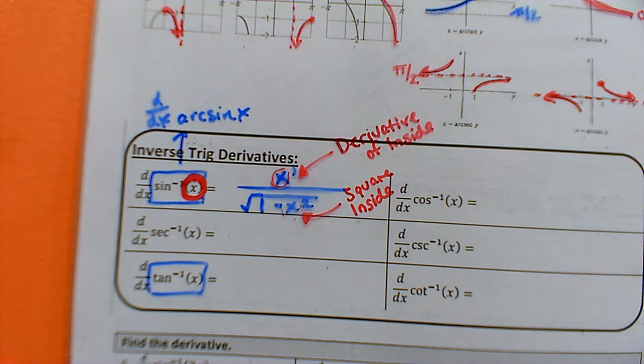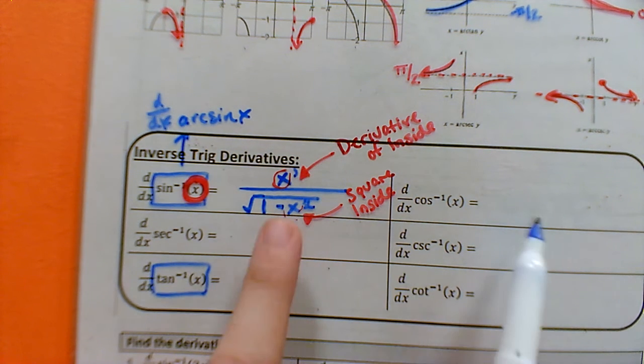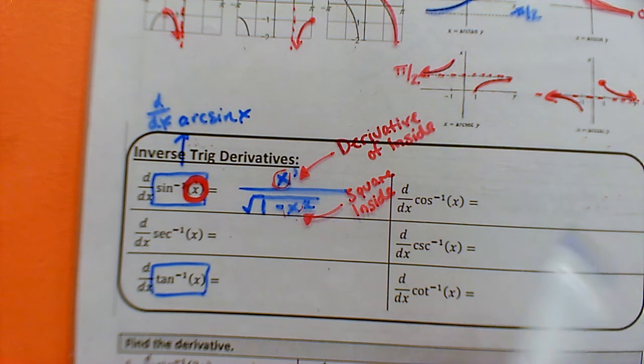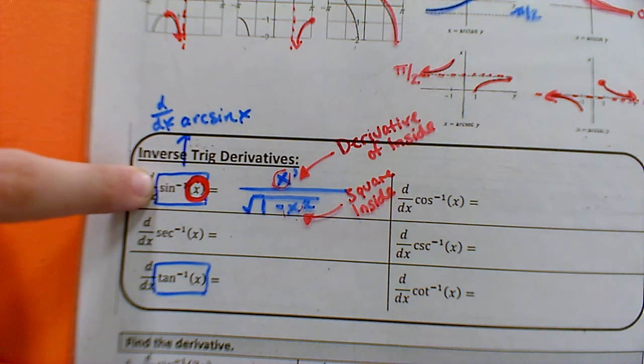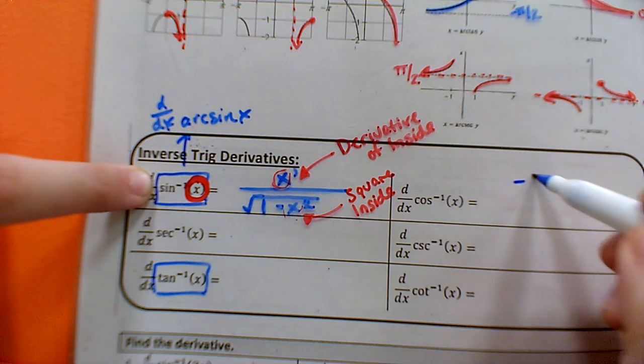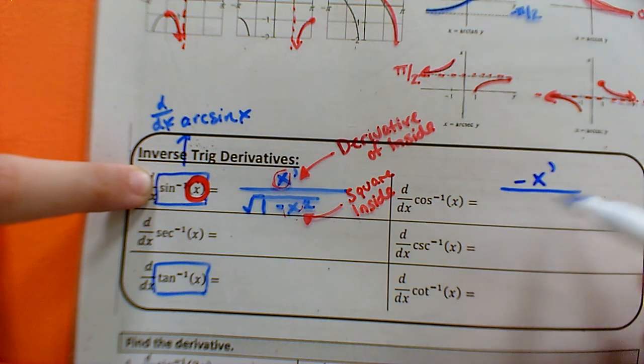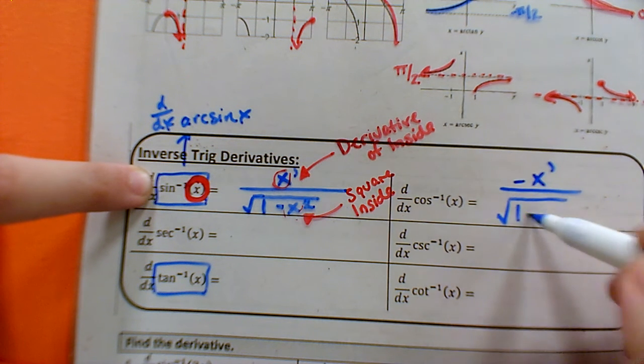You know how for sine, the derivative is cosine, and for cosine, the derivative is negative sine. Okay, they're basically the same mirrored relationship, just one's positive, one's negative. Right? Same thing's going to go on here. We have the same derivative going on, just one's positive, one's negative. So, if you know what the inverse sine derivative shortcut is, you already know what the inverse cosine derivative shortcut is.